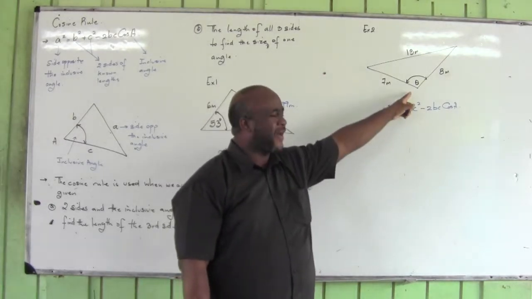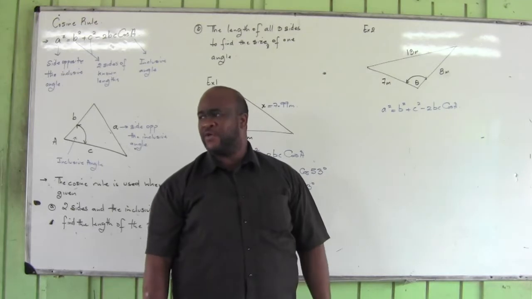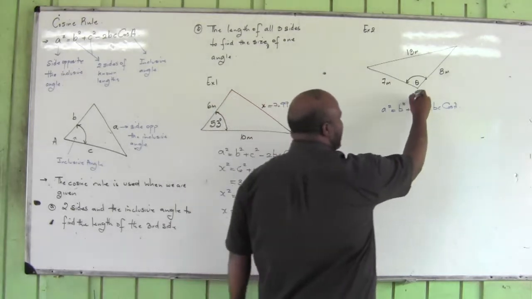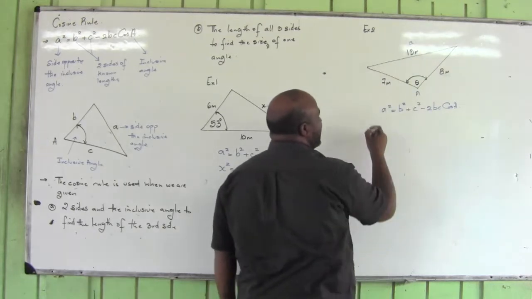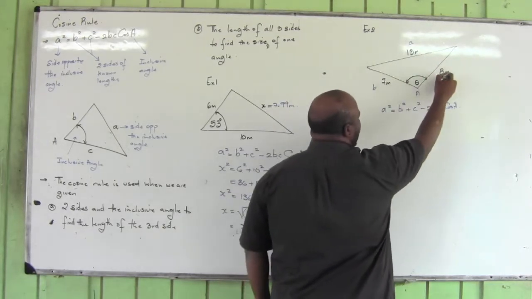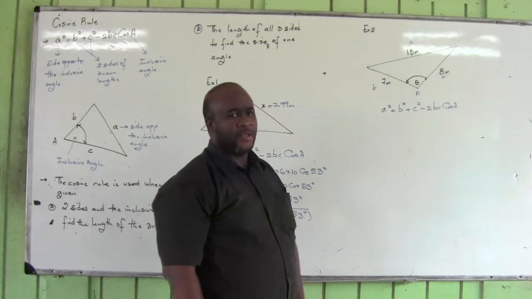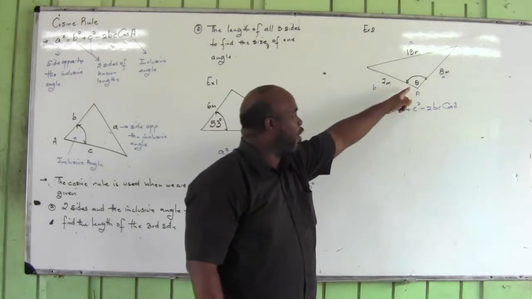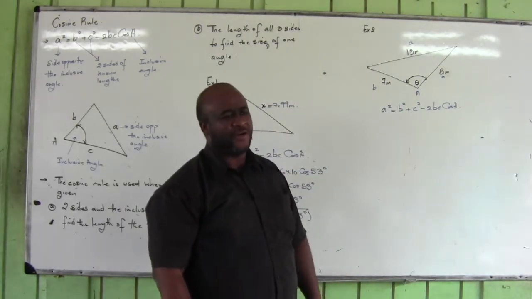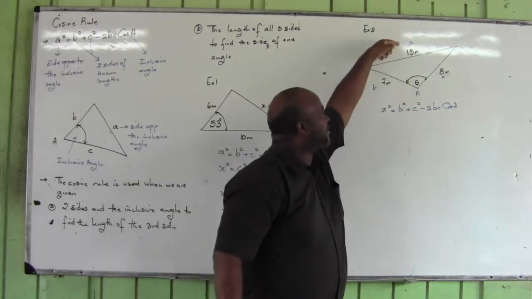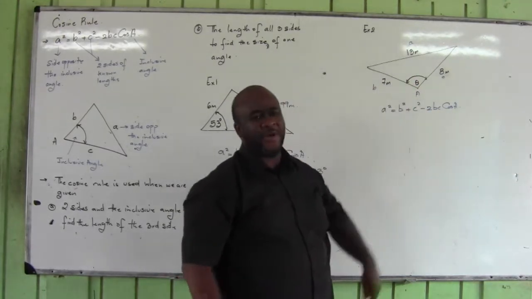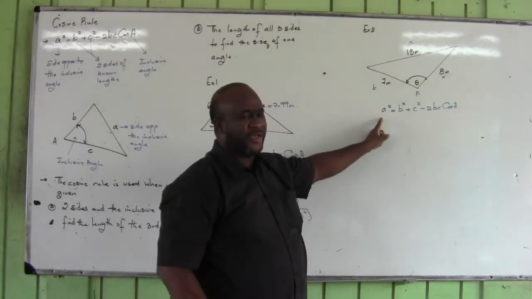The angle you want to find is always the inclusive angle. So it's capital A in the formula. The side opposite the inclusive angle is small a.